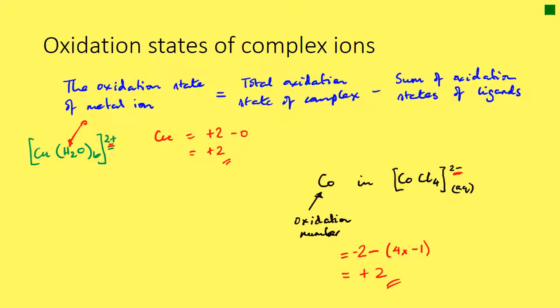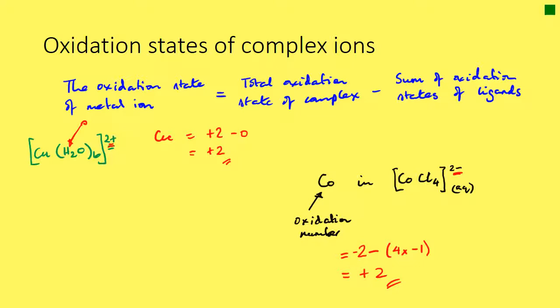So the oxidation state of the metal ion, that's what we're interested in, is the total oxidation state of the complex. Well, the total oxidation state of the complex is 2+. That's this 2+ here, minus the sum of the oxidation states of the ligands. Right, so the oxidation state of the water molecules, which are the ligands, is 0.